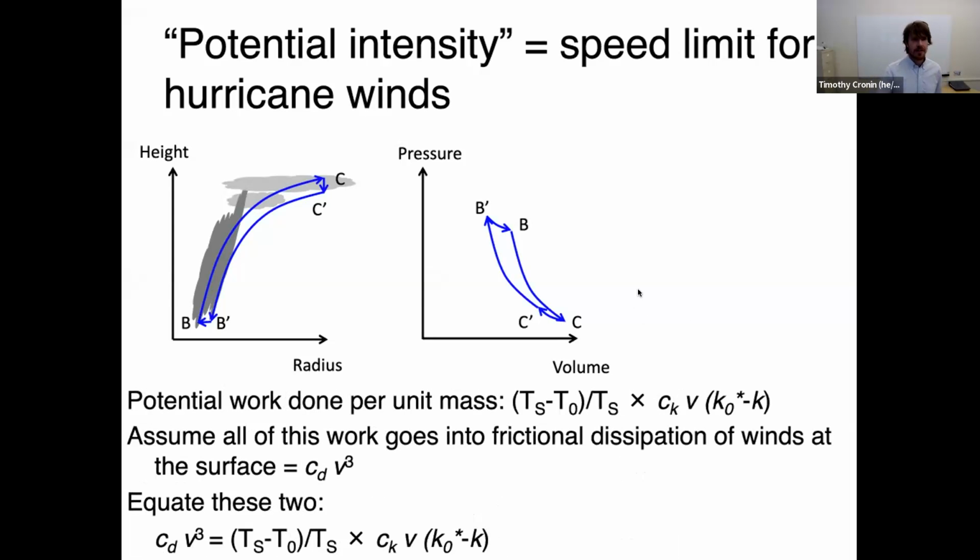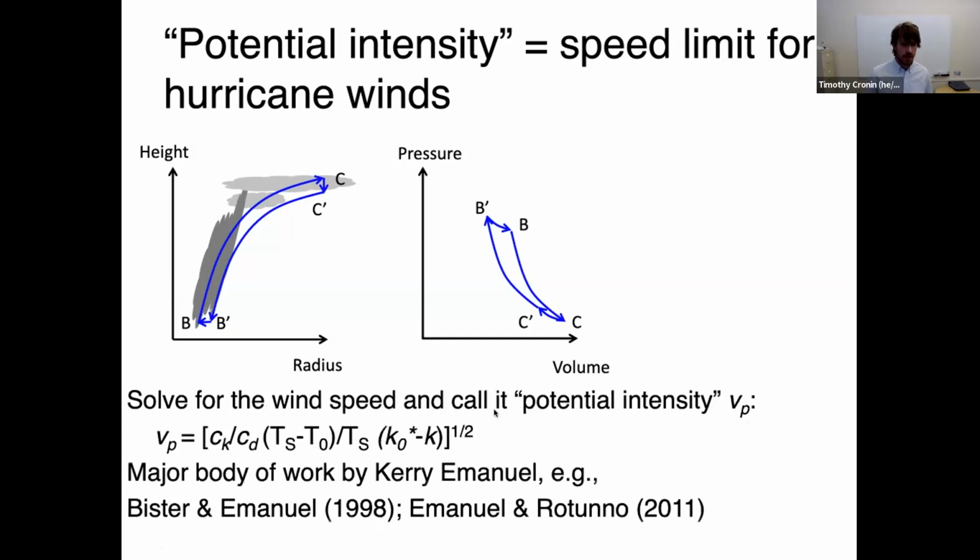And then you can equate this. This is the potential work done per unit mass, this efficiency multiplied by heat throughput. If you assume that this all goes into frictional dissipation of winds near the surface, which is a drag coefficient multiplied by the cube of the velocity, and you equate those two, so setting Cd V cubed equal to this efficiency times heat input per unit mass, then you can solve for the maximum wind speed you can get from that and label it a potential intensity, Vp.